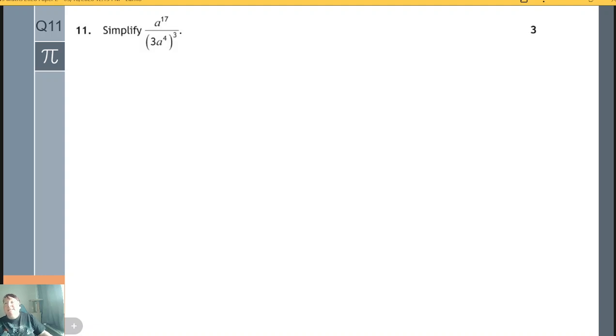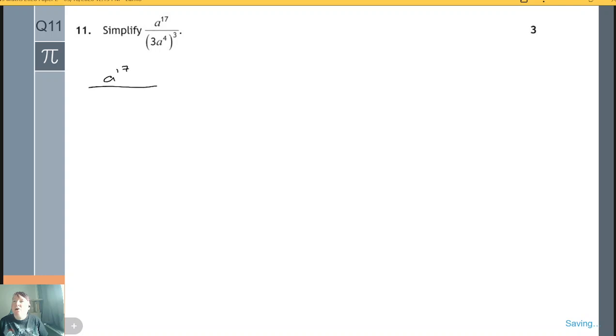Question 11. Simplify a to the power of 17 over 3a to the 4, all to the 3. Right. We have got a to the 17 on the top.